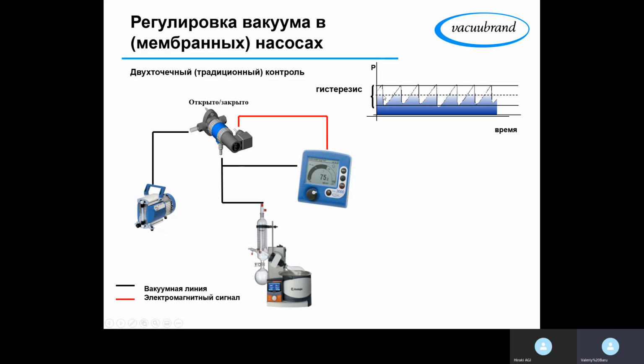So we need to set a vacuum which would be lower than our boiling vacuum. Let's say we have a boiling vacuum of 75 millibar. Then we need to set a vacuum of, let's say, 70 millibar, and delta P of 5 millibar. So here now, this dotted line would be 75 millibar. Delta P is 5 millibar.